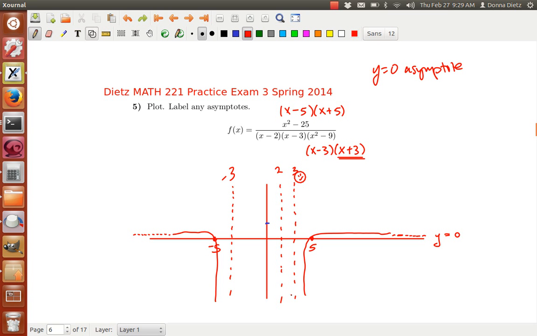So what do we do here? Well, we found all the roots for our numerator, and since there are no other roots, there's no other option but to swing around. You can't go down through here because there's no 0 there, so you have no choice but to turn around and go back up. However, at x equals 2, it's a single asymptote, so I'm going to come around down, swing, and go up.